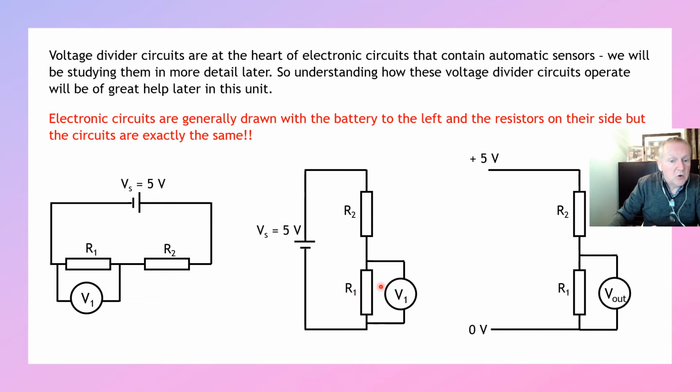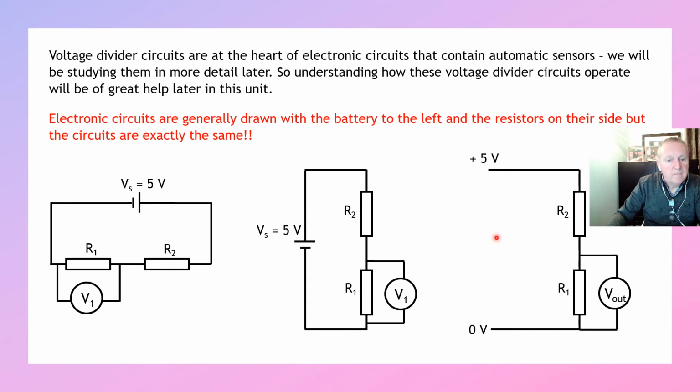But when it comes to electronics, they do this, which basically has a top line here, which is deemed to be the plus 5 volts, and then you've got a ground line or an earth line, the 0 volts here. And all voltages are measured with respect to that 0 volts line. So this circuit here, where your R1 and your R2 form a voltage divider circuit, is exactly the same as these two circuits here.